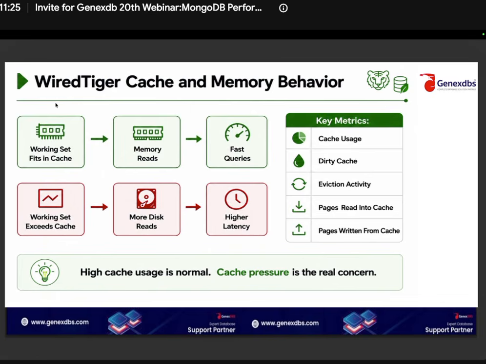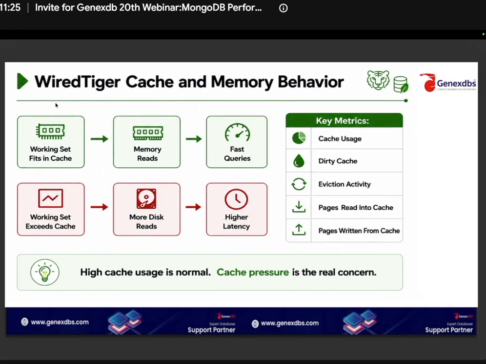In those cases, cache pressure will become a concern for us. Then dirty caching. Dirty caching means the modified data that has not yet been written to the disk. Whenever there are heavy write workloads, the dirty cache will grow, and the checkpoint process runs at regular intervals.